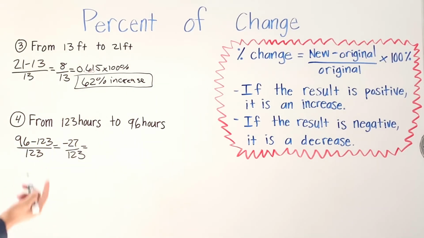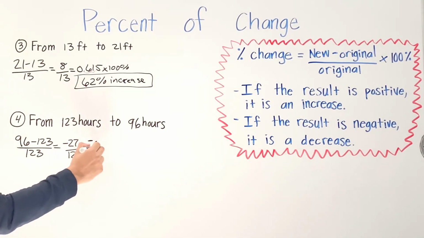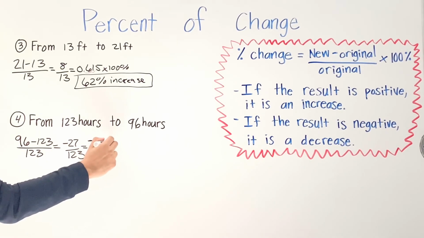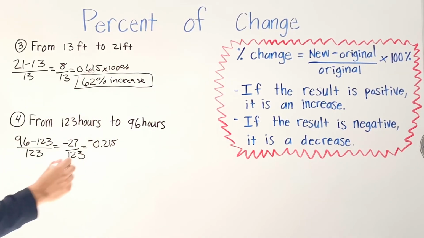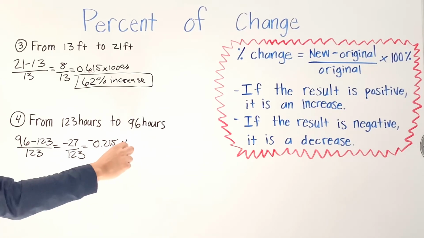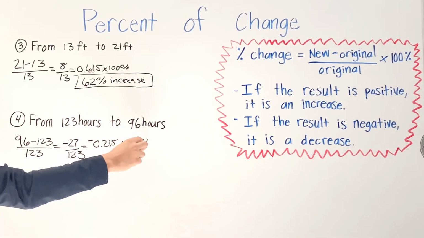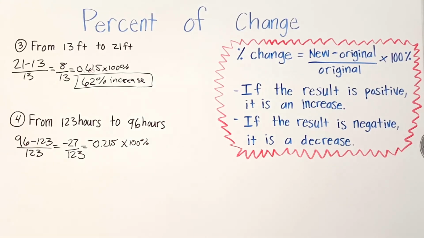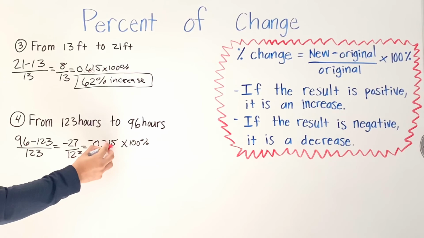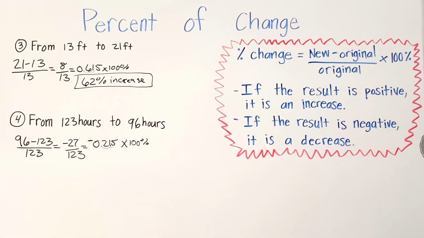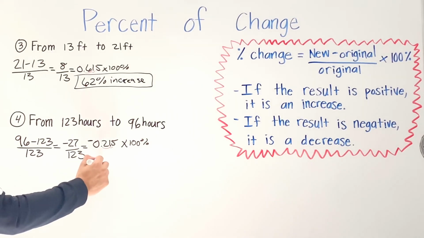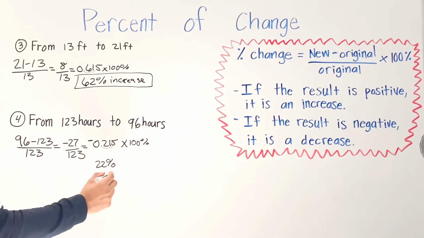When you divide that, it gives you negative 0.215. Now we multiply that by 100%. Once again, you can estimate there, and we move the decimal point 2 places. Since it's negative, we know our answer is going to be a decrease. It's not an increase, it's a decrease because it's negative. And it's going to be 22% of a decrease.